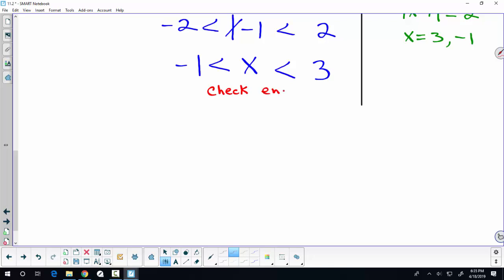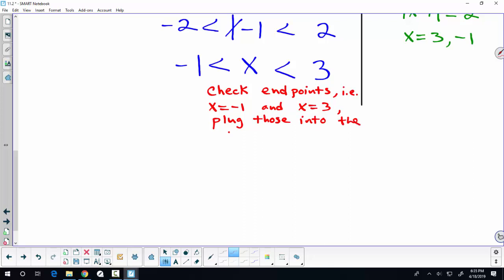We're going to check the endpoints. And what that means is we're going to take x equal to negative 1 and x equal to 3, plug those into the original series, and then look at what series results, whether the series that results from x equal to negative 1 and x equal to 3 is a convergent or a divergent series.